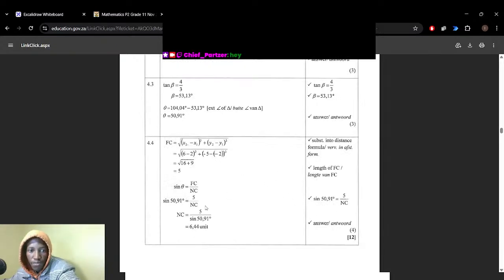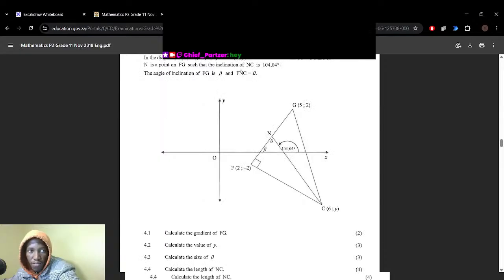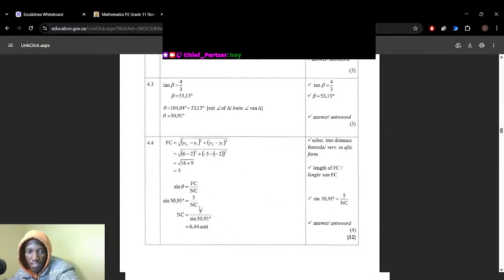So sine theta, FC is opposite theta, hypotenuse is NC, is equal to FC over NC, and we have calculated the distance of FC, and then you can calculate the length of NC.